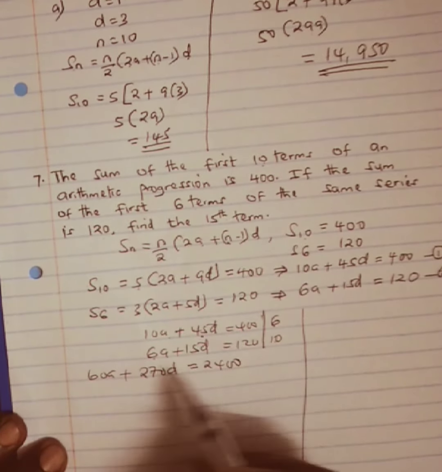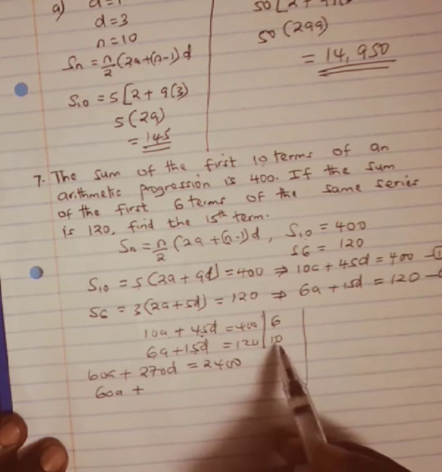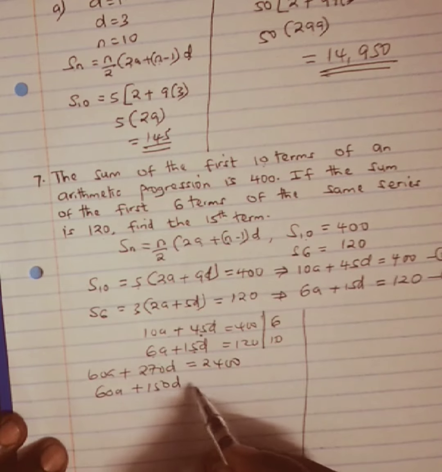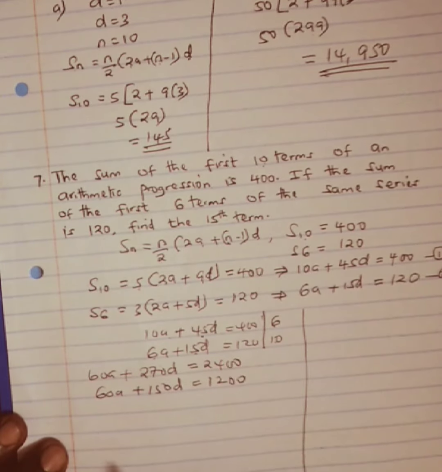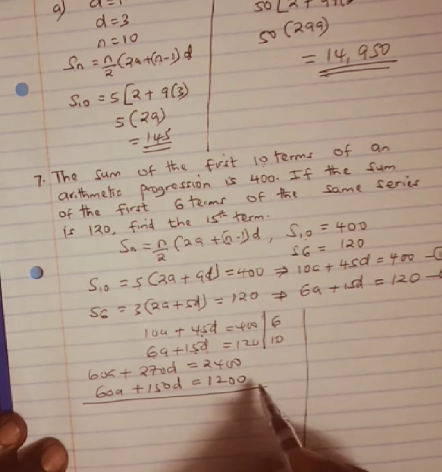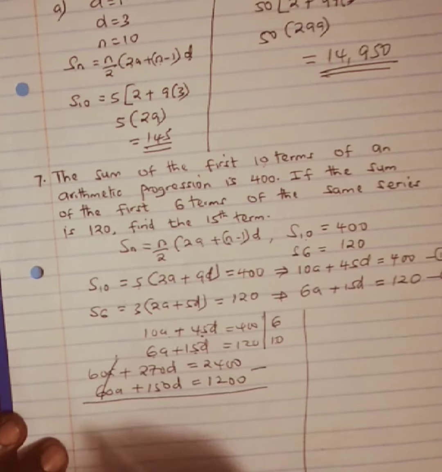Then 10 times 6a you get 60a plus 15d times 10 you get 150d being equal to 120 times 10 giving us 1200. Now we can subtract the two equations where 60 minus 60 would give us a 0.